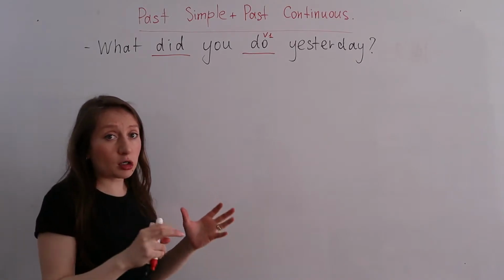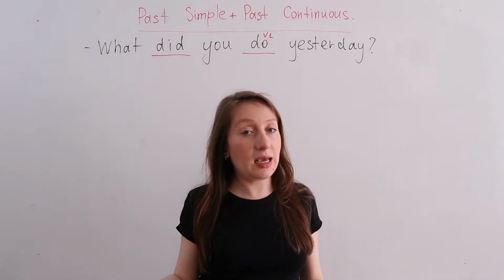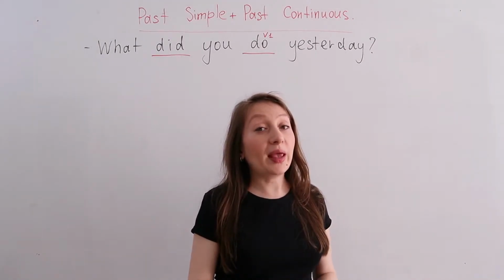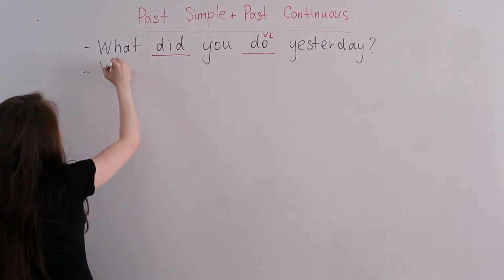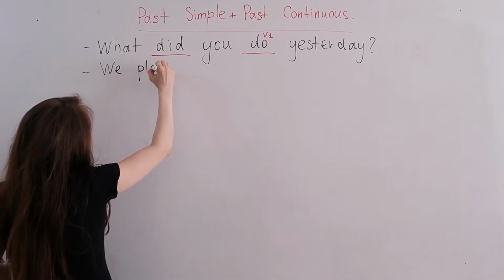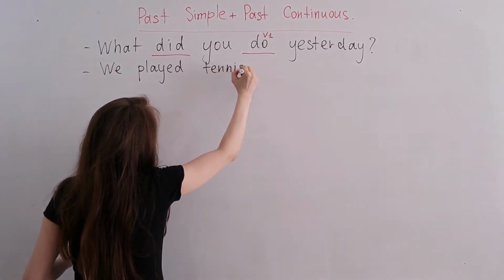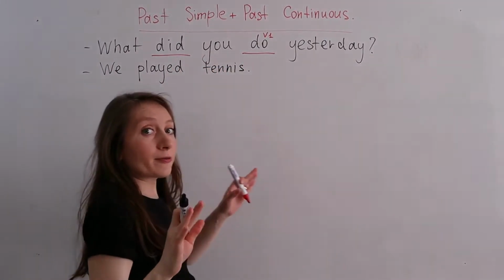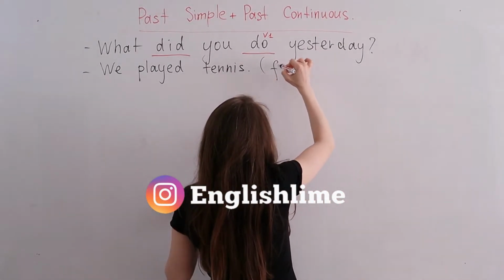The basic structure of past simple question. What did you do yesterday? And the answer will be, we played tennis. Right? For example, from 10 to 11. Let me write it here.